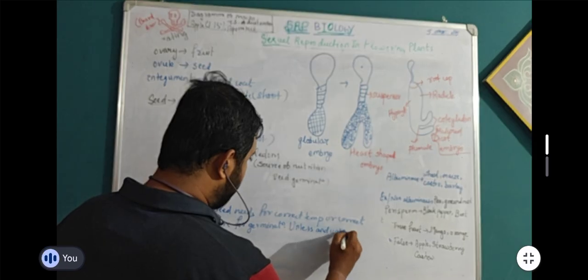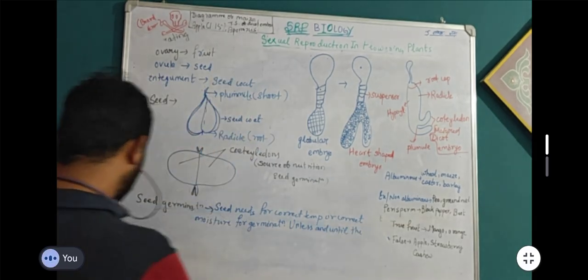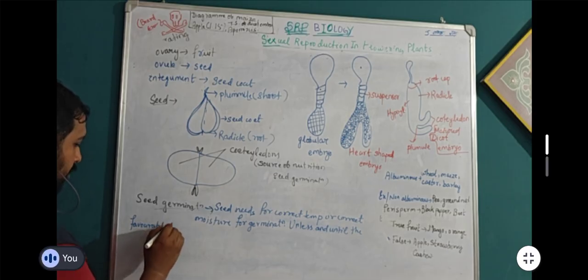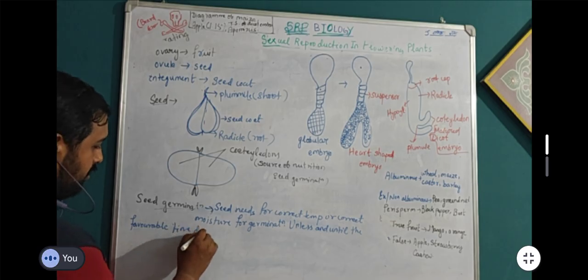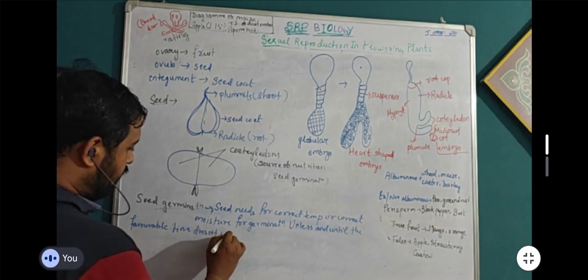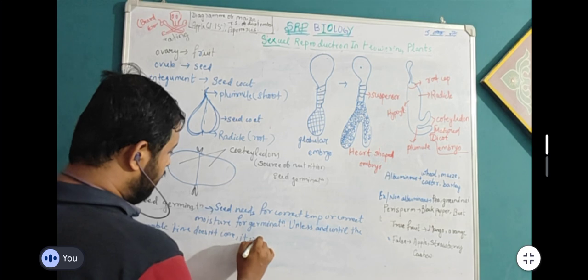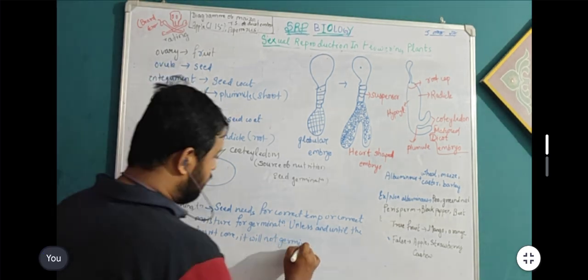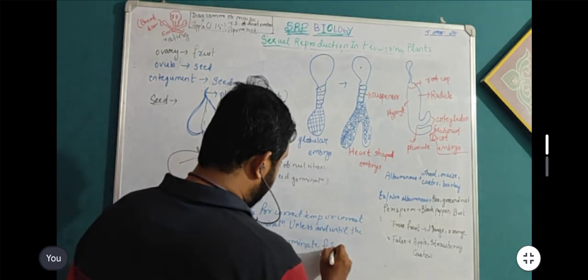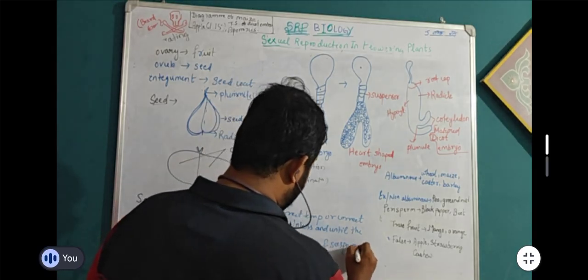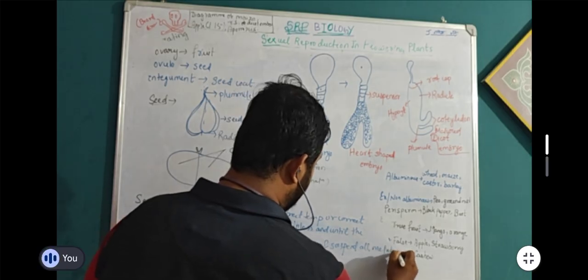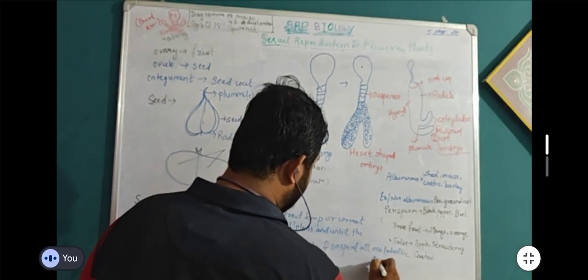the favorable condition does not come, you have read about it in 10th also. Okay, if the favorable time doesn't come, it will not germinate and suspends all its metabolic activity.